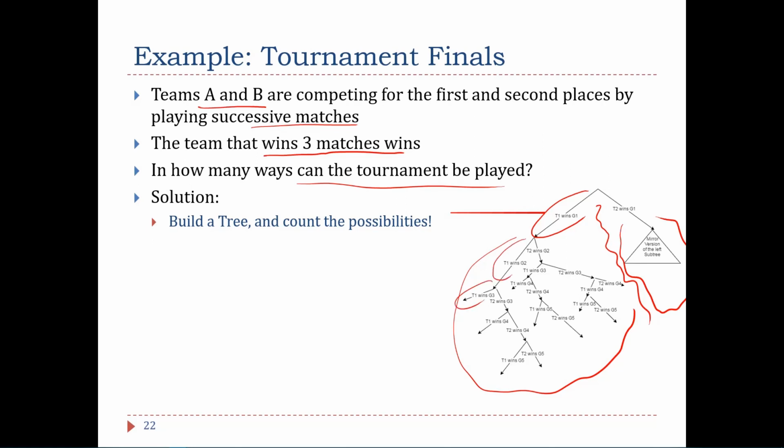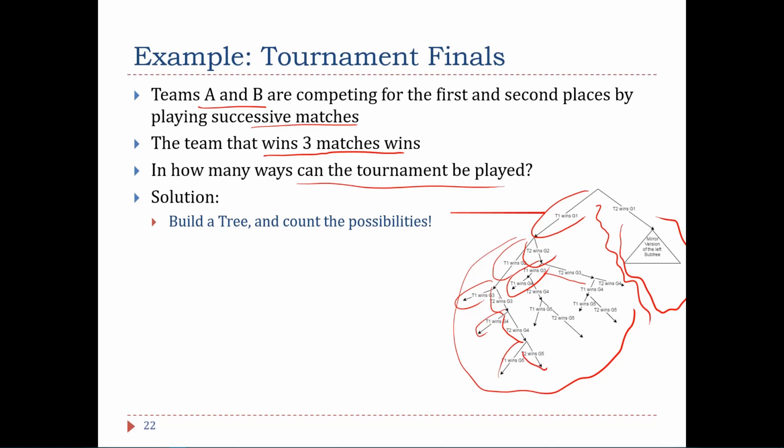But if after T1 wins, T2 wins, well, here you may have two different possibilities. Either you will have two successive wins for T1, or, okay, and I think you saw what's happening. The same after two wins for T1, maybe you have one win for T2, and then again T1 would make it, or two wins for T2, and then maybe T1 would make it, or finally maybe T2 would make it.